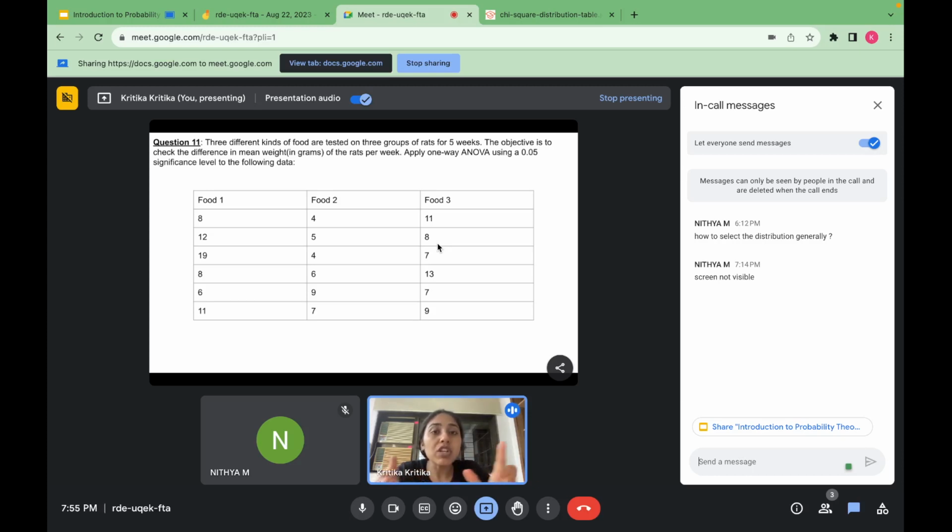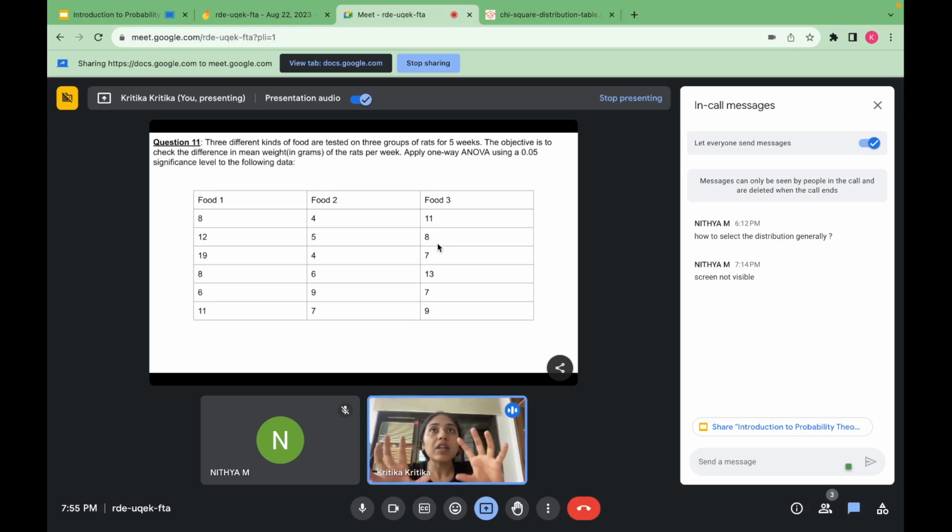If we know the population variance, then we use the Z distribution, but if we do not know the population variance, we need to use the T distribution for our testing. This is for when we are testing the mean, but when we are testing variances, we use the F distribution. And if we need to check whether the data follows a particular distribution, then we use the chi-square test.